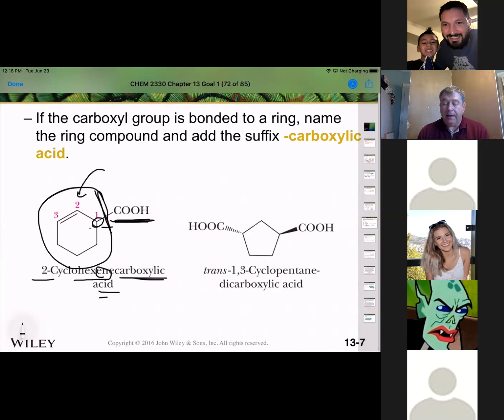Okay? And to apply both the dicarboxylic acid rule and the ring rule, we're going to do this next one here. In this case, we're going to say it's 1, 2, 3. It could name the other number, we don't really know because there's not another substituent, but it'd be 1,3-cyclopentane, because of the substitutions here, and it'd be dicarboxylic acid, just like the dioic acid, we have dicarboxylic acid here.